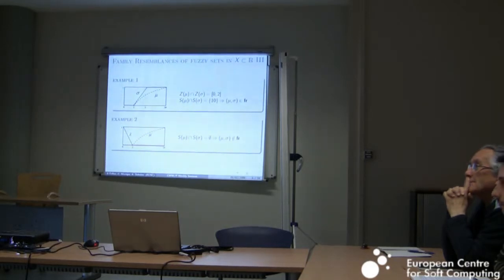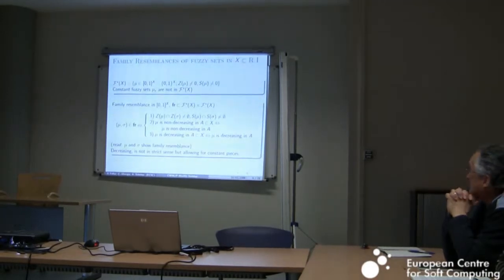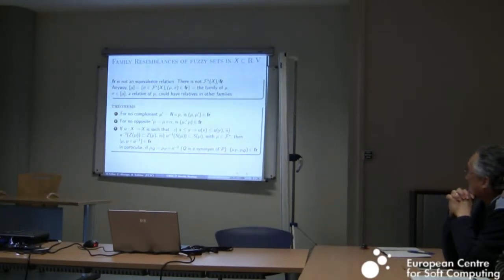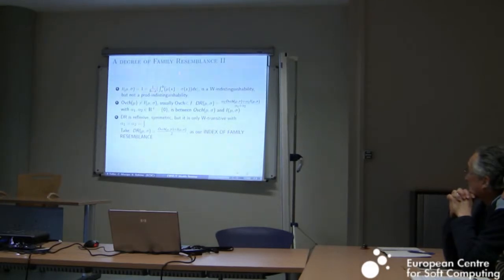The problem of finding the function, or another way, is the properties the function should satisfy in relation with family resemblance.